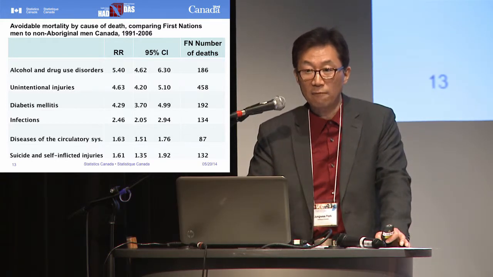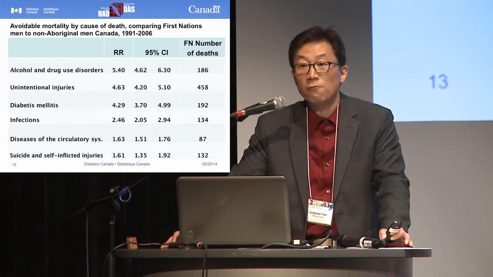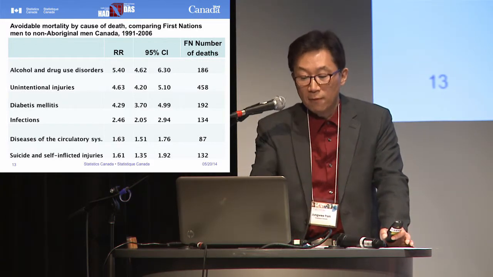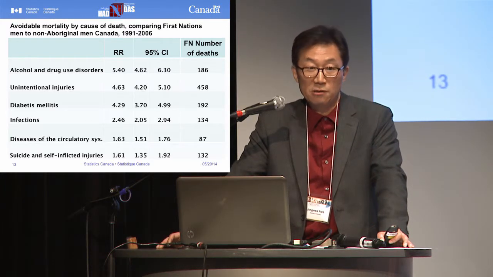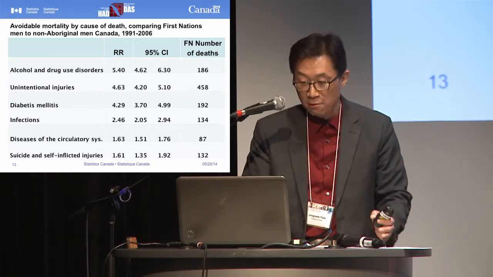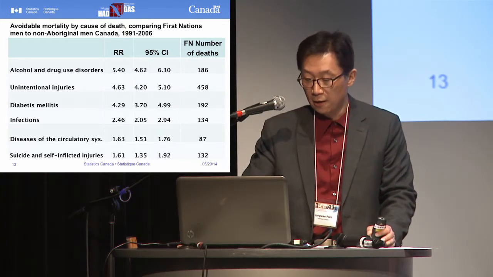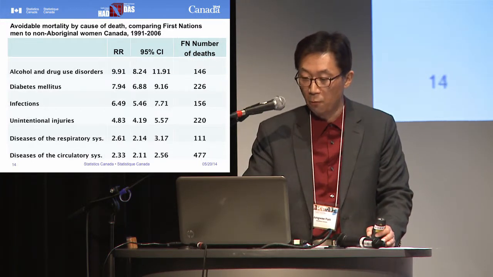So if we had maybe 15 to 24, then we may have more differences in suicide and self-inflicted injuries. But anyway, even with the adult population, we still have those cases as especially important.